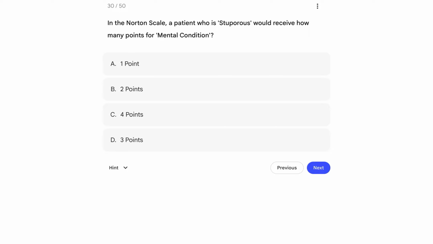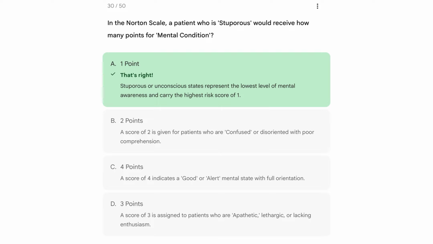Tell me the answer. After showing the PDF also, if you are not able to tell the answer, then you are ultra legends in the world. Yes, 100%? Yes. So, stuporous is the one point you are going to give.